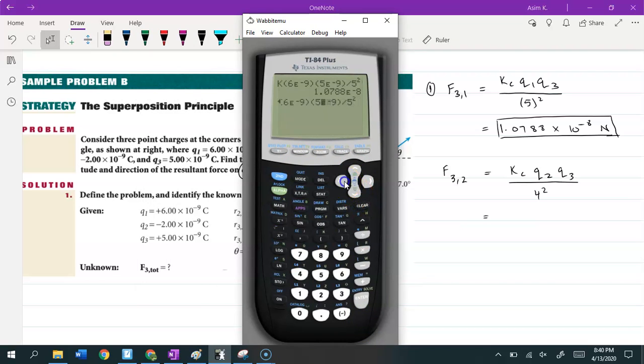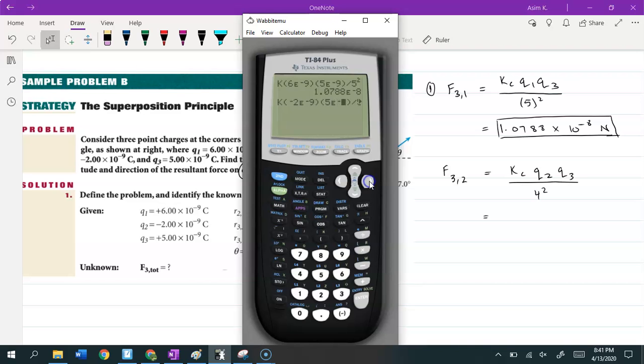All I got to do is update the Q sub 2 in place of Q sub 1. So I'll be clever about it, and I'll replace the 6 that I have here and insert instead a negative 2 in its spot. So that takes care of that issue.